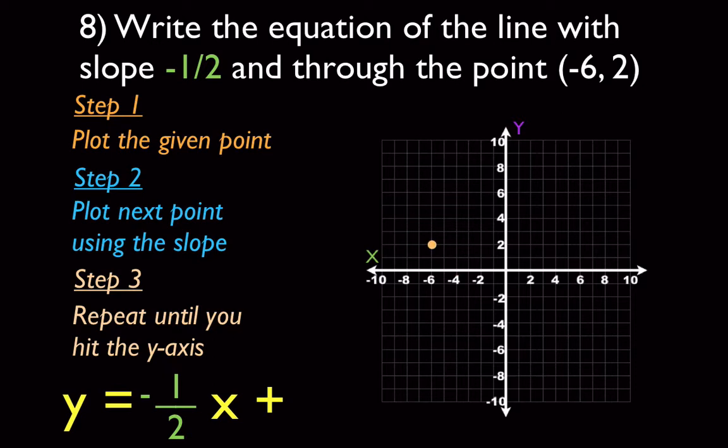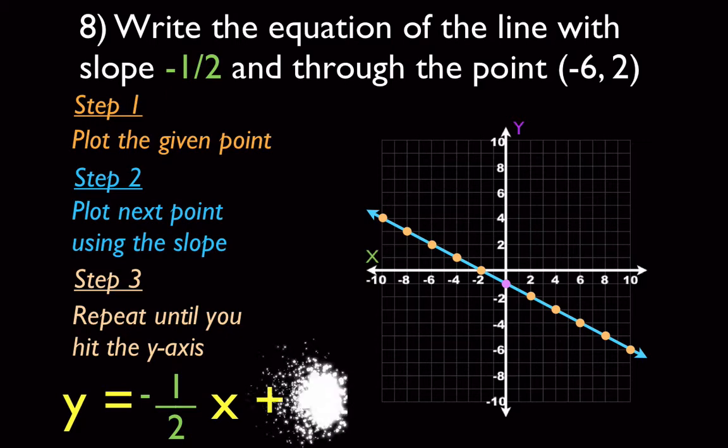A negative 1/2 slope means up 1 and left 2 to make a downhill line. And we can repeat that process until we hit the y-axis like there at negative 1. And that's it. That means our y-intercept is at negative 1. And we get the problem done.